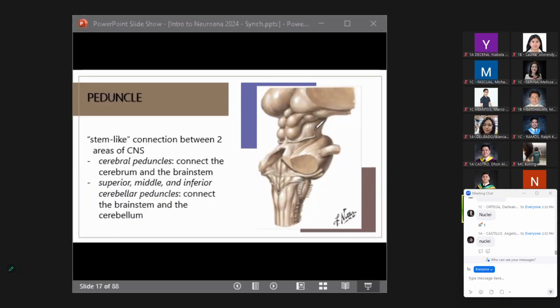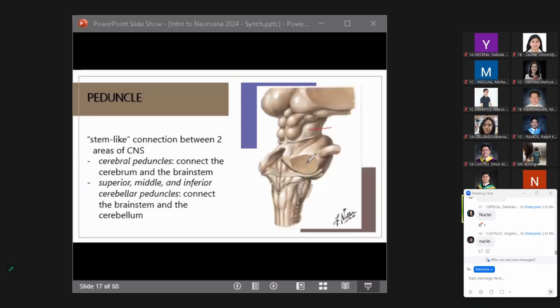So this is the cerebral peduncle. The cerebral peduncle connects the cerebrum to the brainstem. This is the brainstem, and the cerebellar peduncles are connections of the brainstem to the cerebellum. The cerebellum is not in this image; this is primarily the brainstem.